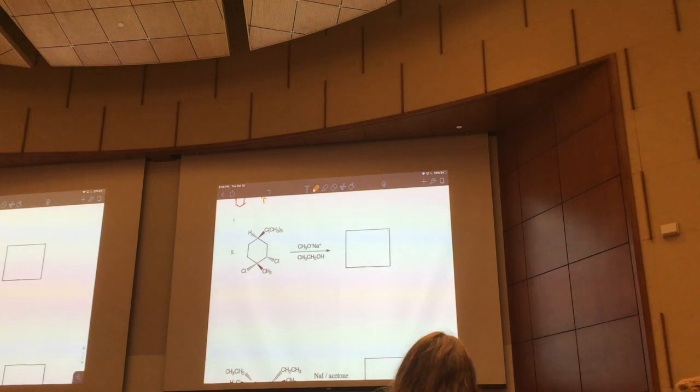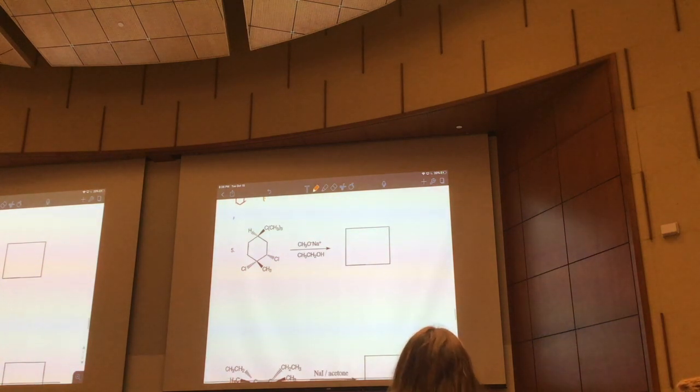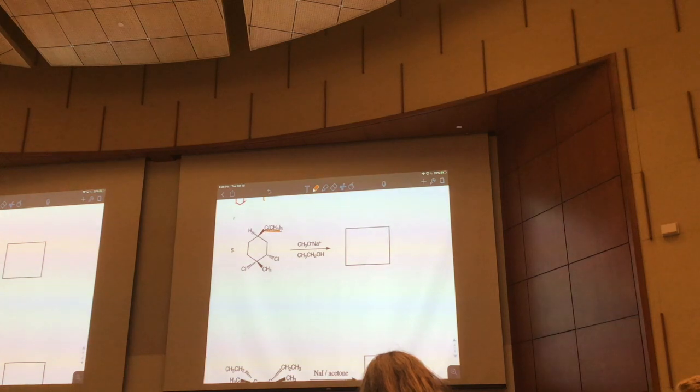We want them in the equatorial position. We want them away from all the action. Do we see anything on this ring that needs to be equatorial? Yeah, we do. We have a tert-butyl group right here. And again, is that going to need to be axial or equatorial? Equatorial, yeah, we want this tert-butyl group to be equatorial.